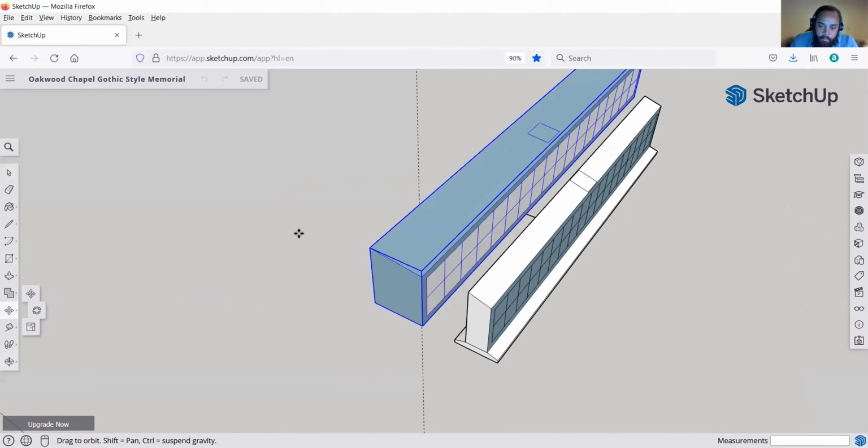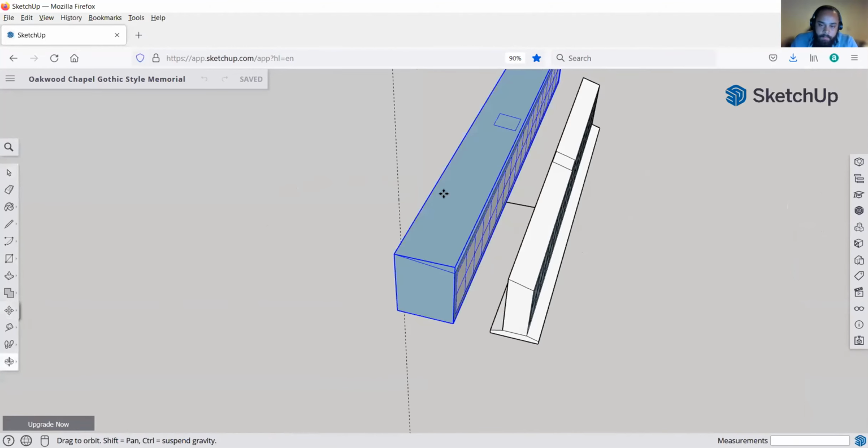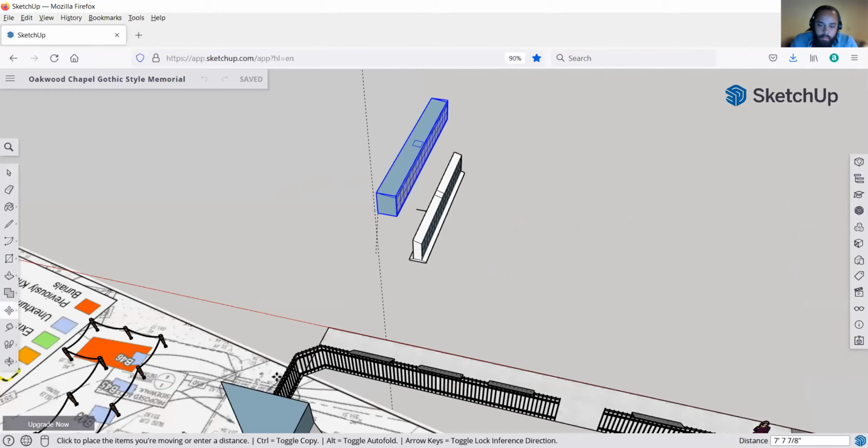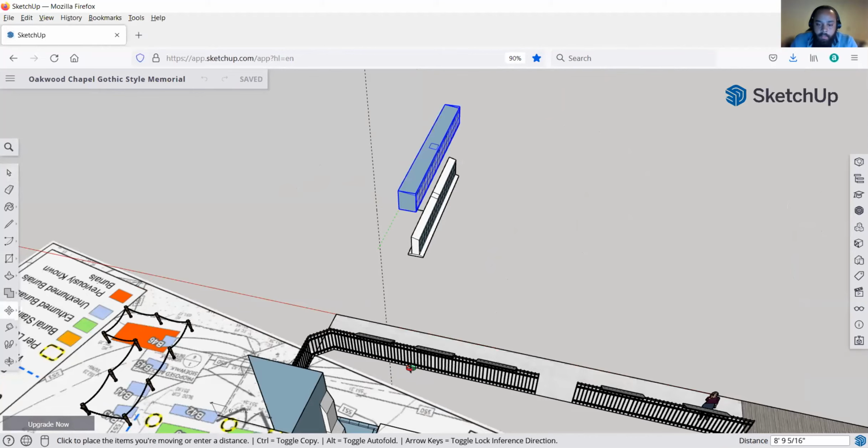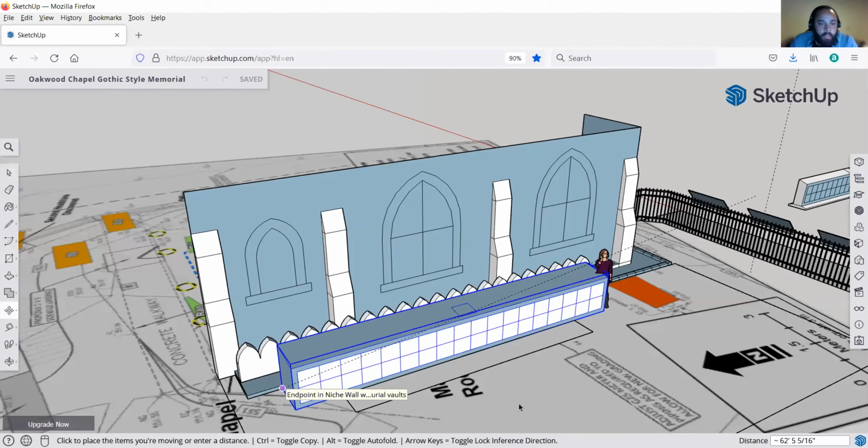So let's move this over to the model. Okay. And we'll place that right in front. Once again, this is centered on this window here.